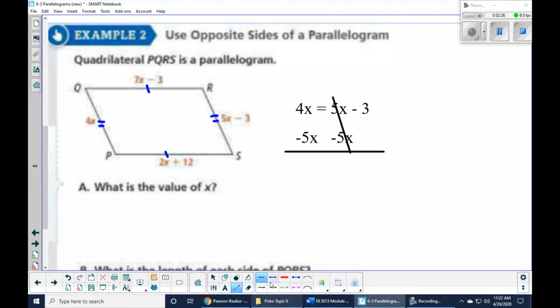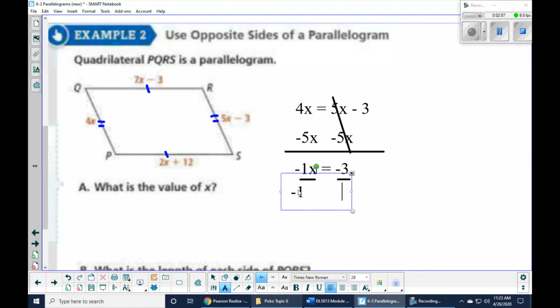These will cancel out, which leaves us with negative x equals negative 3. That's really a negative 1x, right? 4x minus 5x is a negative 1x. We still have a negative 3. So now what we need to do here is divide both sides by a negative 1.